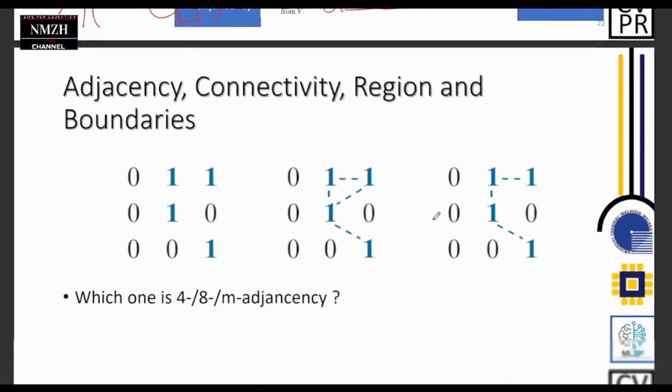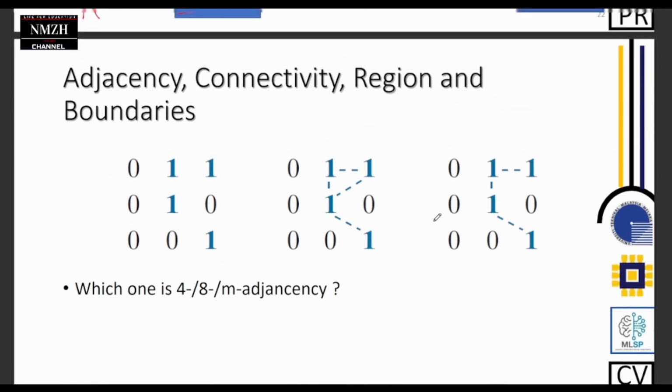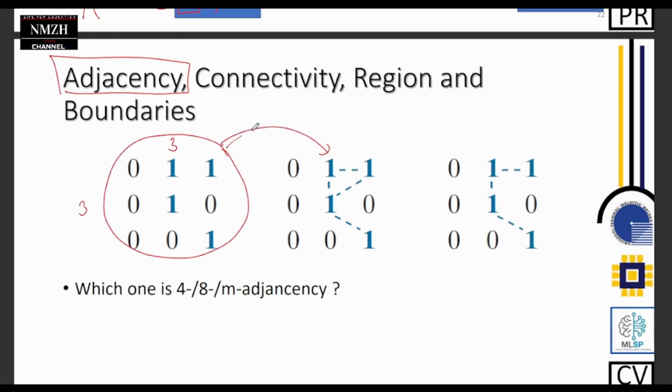Now we will talk about how we determine adjacency for this given 3 times 3 pixel grid. Here is the example, and say that we have this dashed line as this.